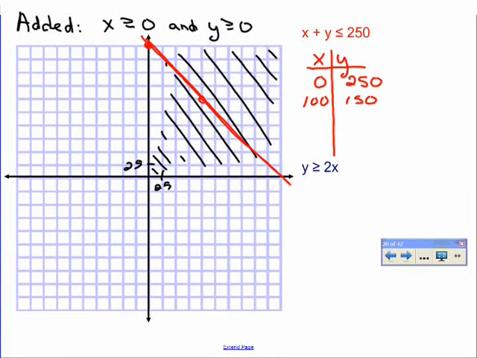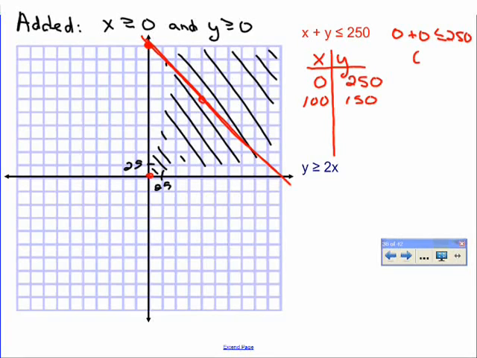Now we must determine where the shading for this particular inequality is going to go. So you can just use a test point. If we use 0, 0 as our test point, we can test the inequality to see if in fact 0 plus 0 is less than or equal to 250. Now remember, here we're asking the question whether that particular coordinate satisfies the inequality.